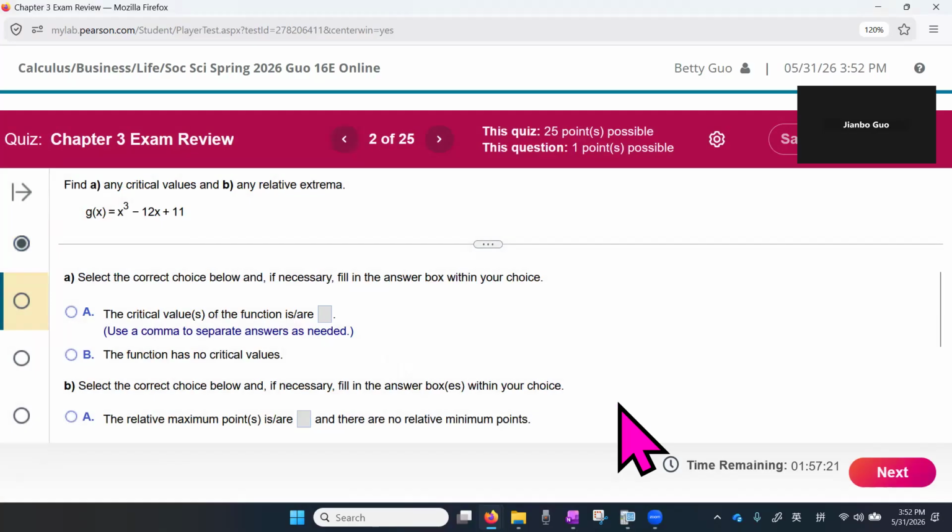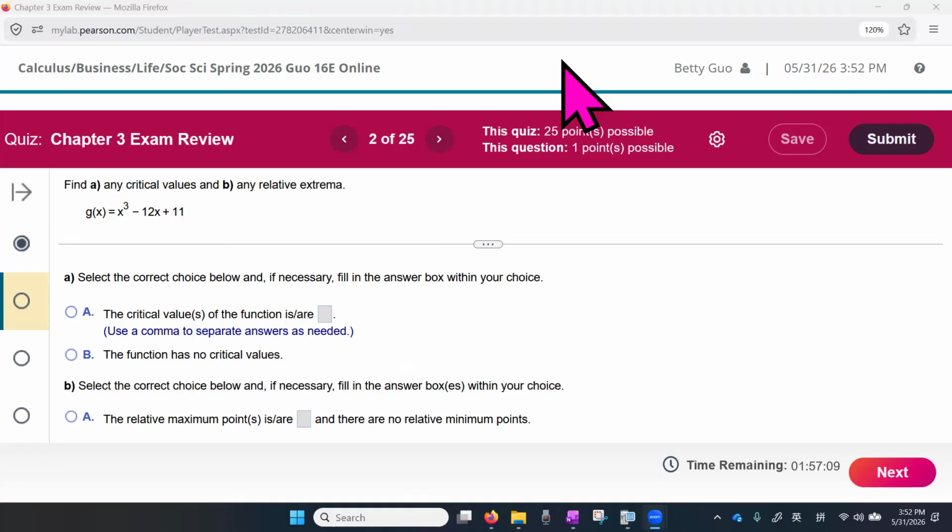Next, I just need to double check if the recording, so we're recording right now. Oops. Yeah. So this should indicate it is recording.